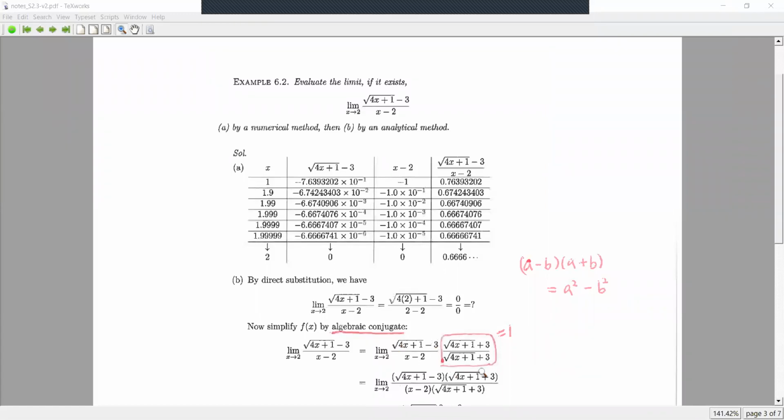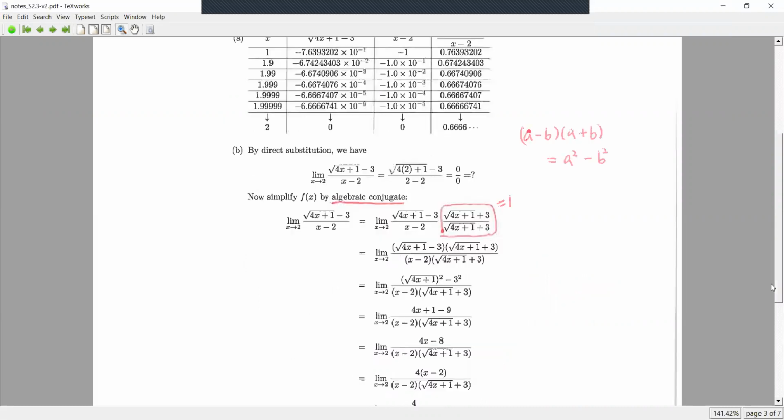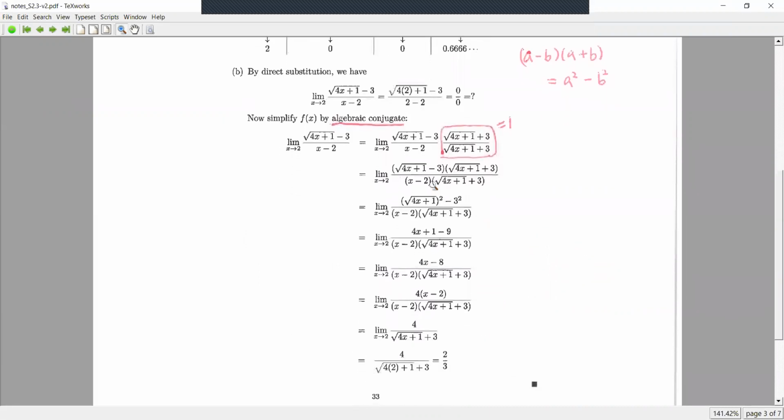A fraction times a fraction is equal to the numerator times the numerator, and the denominator times the denominator. So we have this equation. The product on the top, I can use this formula: A minus B times A plus B. So by formula, it is A squared minus B squared.